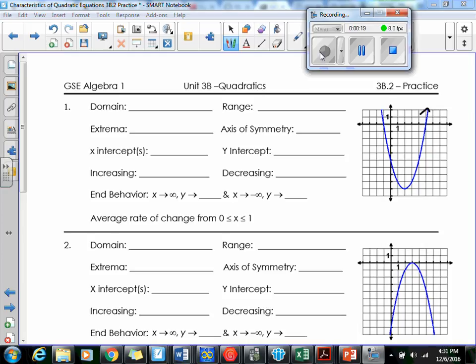So we can see that we have an upward opening parabola. We see that the vertex is right here. I like to examine my graph, and it looks like it is at 2, and then this is down 1, 2, 3, 4, 5, 6, 7, 8, 9. So the vertex is at 2, -9.